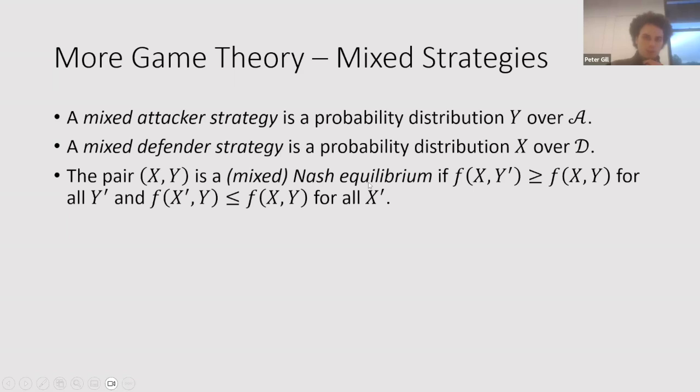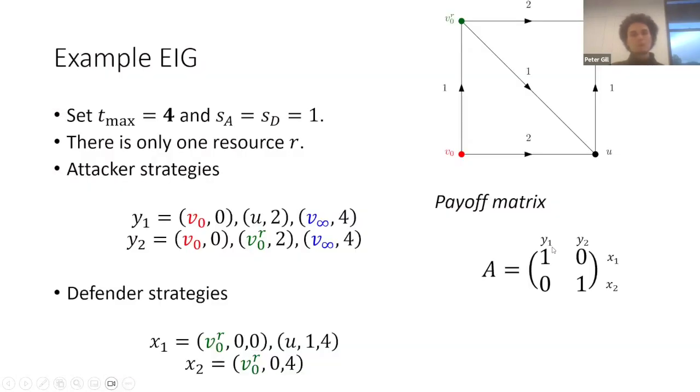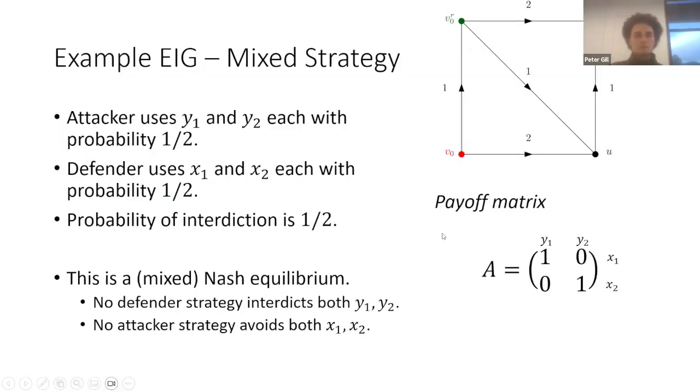And then same definition as before, Nash equilibrium. If you assume the other person doesn't change their strategy, I cannot benefit by changing my strategy. So that would be Nash equilibrium there. And so in this case, the equilibrium value is 1/2.